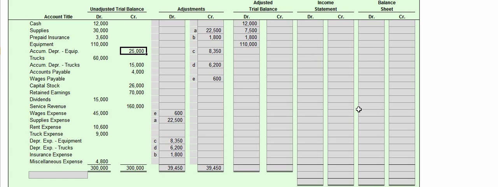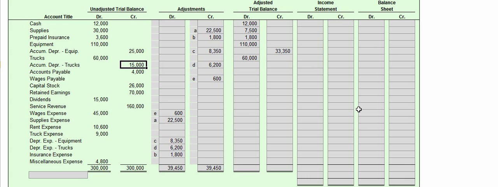We got a credit balance for $25,000, a credit entry for $83.50. That's going to leave us with a credit balance of $33,350. Our trucks account, we have a debit balance for $60,000, no adjustment, so that leaves us with a debit balance of $60,000.